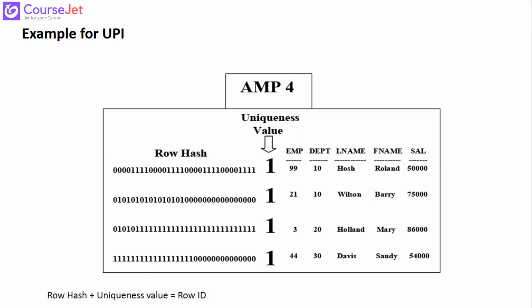If you insert a value with 99 again, that record will be rejected. And this row hash we saw earlier, 32-bit, plus this uniqueness value, is called the row ID.